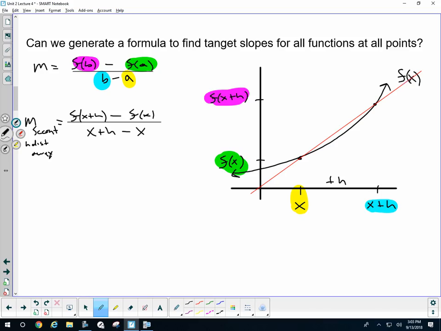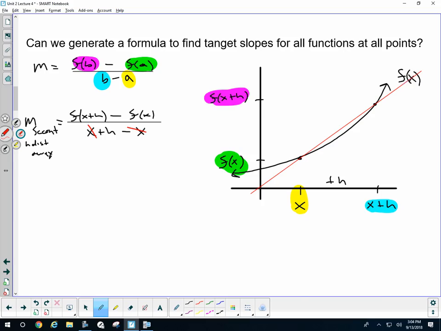All right. Immediately you notice something. Discuss with your neighbors the first thing that you notice. So we notice the x's go away.